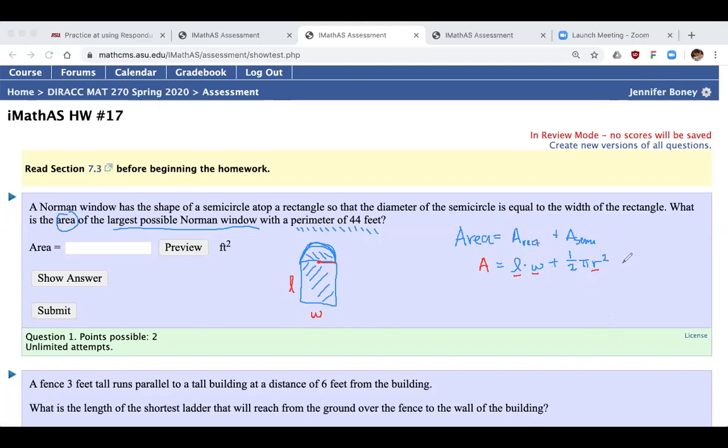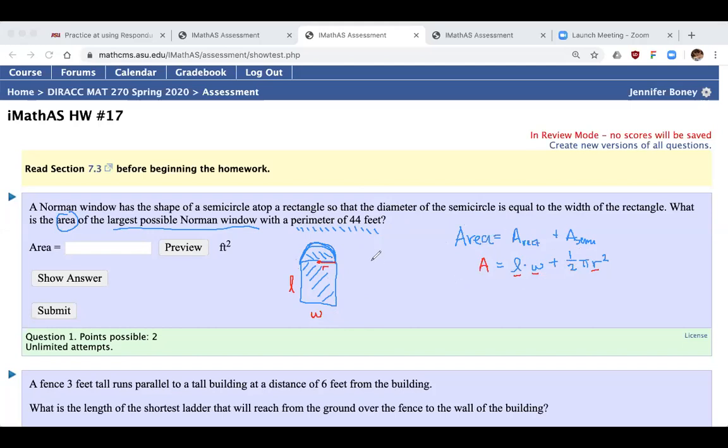Are L, W, and R three separate unrelated variables? If so, then there's nothing that holds this back from being infinitely large. So in terms of this, well, what do I know? I know that these two match up. So the radius is half of the width, or the width is twice the radius. And then the length and the width and, somehow, the perimeter can only be 44 feet. And so that's also related to L, W, and R.